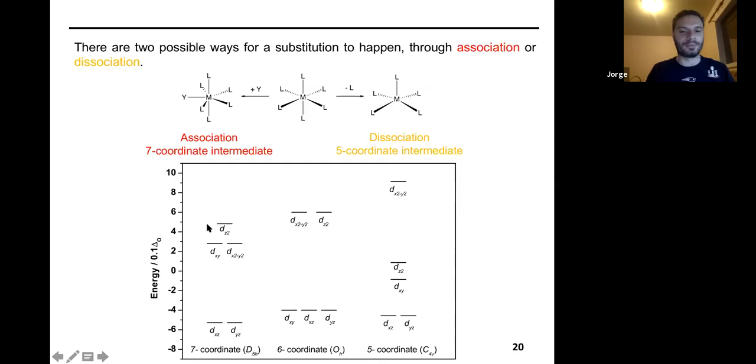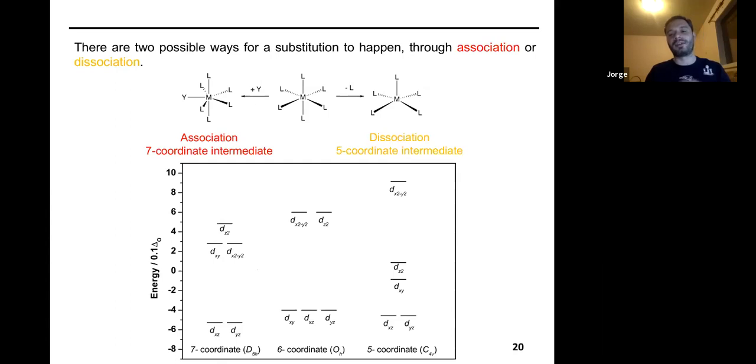For the 7-coordinate species, electrons in these 2 lower orbitals are stable, and every time you move up, the system gets less stable.